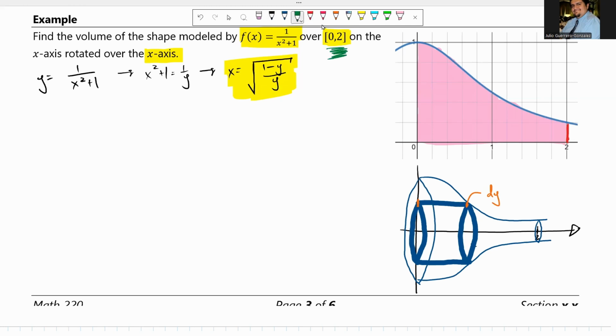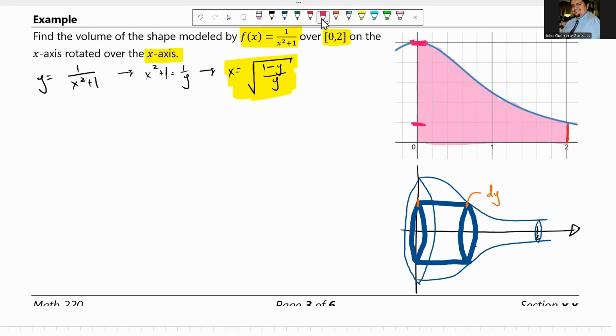Our interval from 0 to 2, that was on the x-axis. If I want to do dy, then I need my limits of integration to go on the y-axis. So this is going to be a little trippy because our function is defined from here to here. Let me do it in a nice flamboyant color so people can see, from there to there.